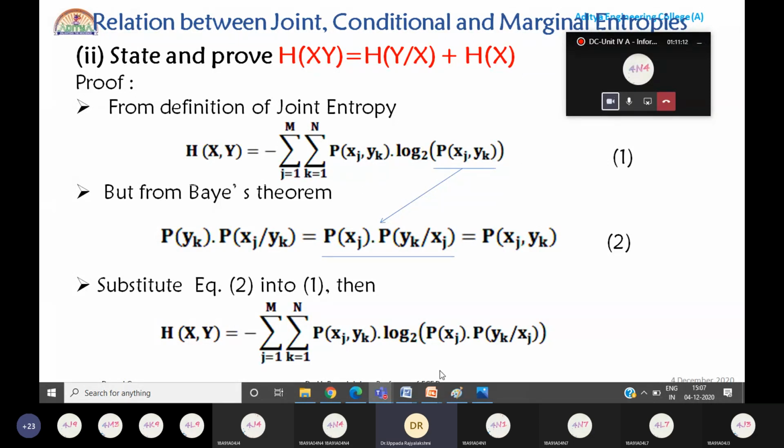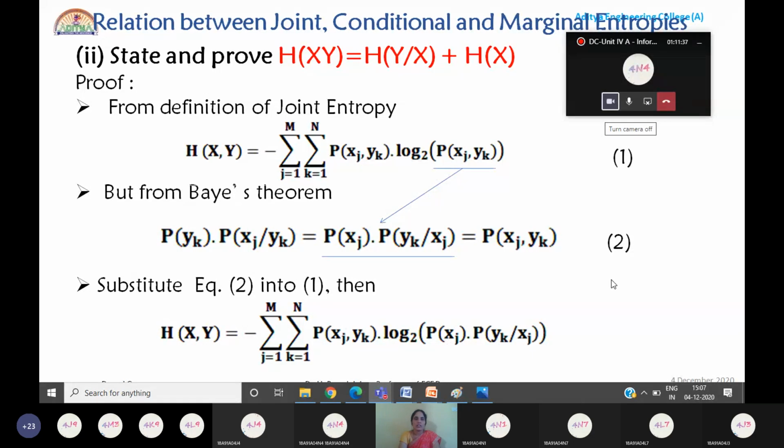Now you have once again the form of log a b. So next, what should we do? Use the same procedure. Can you tell me what the next step is? Please split it into log a plus log b.